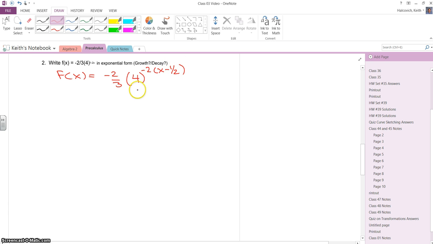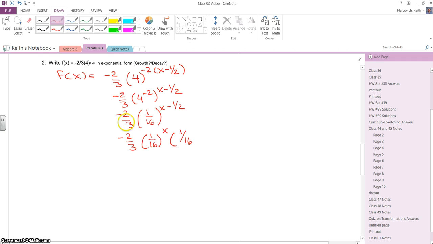And then this becomes 4 to the negative second, x minus 1/2. 4 to the negative 1 second is 1/16 times x minus 1/2. So then it becomes 1/16 x and 1/16 the negative 1/2.